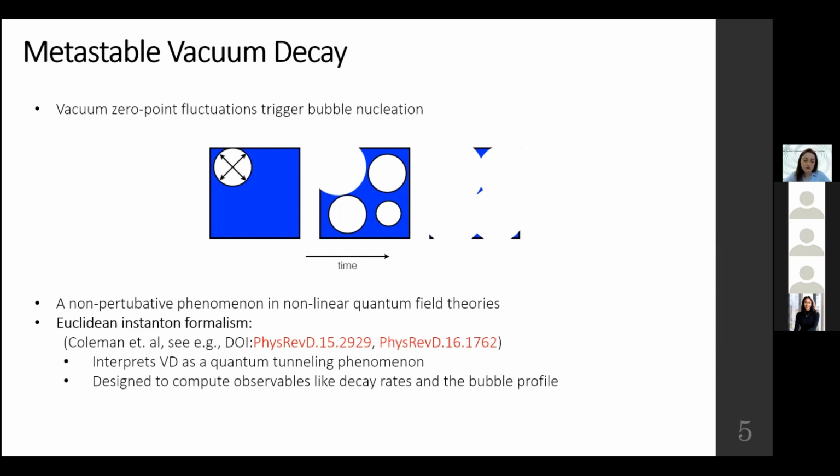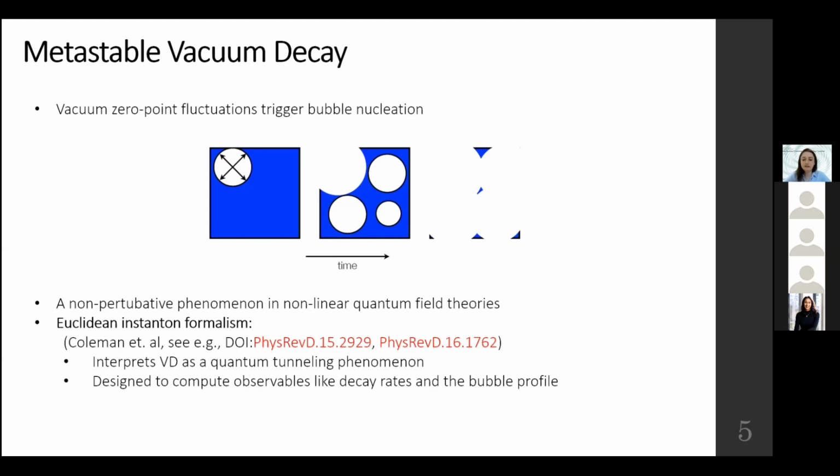This is a non-perturbative phenomenon that happens only in nonlinear quantum field theory. So of course, the analytical exact tools that we usually employ in quantum field theory fail and are not applicable to describe this phenomenon. Instead, what people have done is, in particular, Coleman and his collaborator came up with this method that is now known as the Euclidean instanton formalism, where they interpret vacuum decay as an application of quantum tunneling from non-relativistic quantum mechanics.